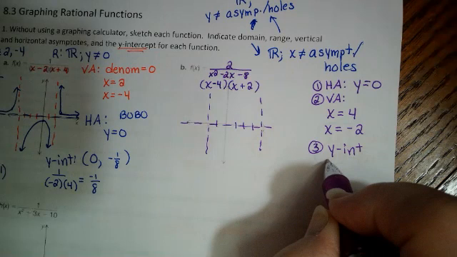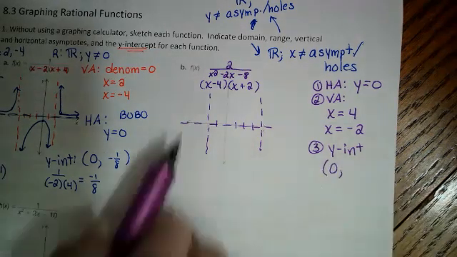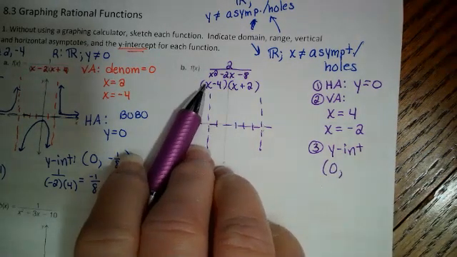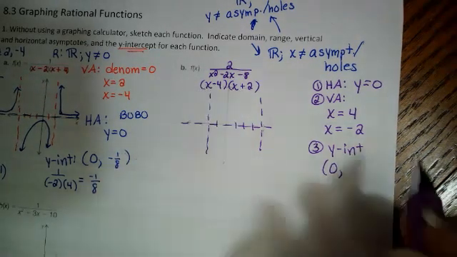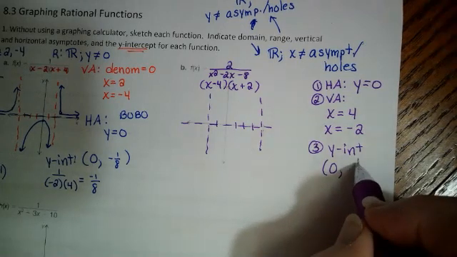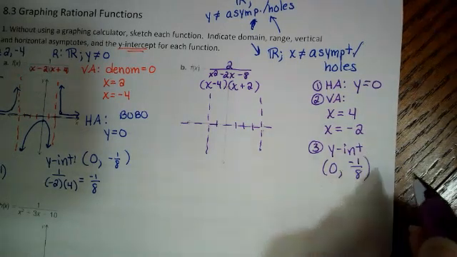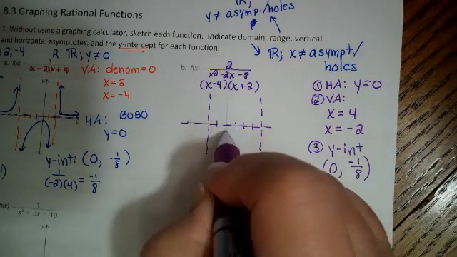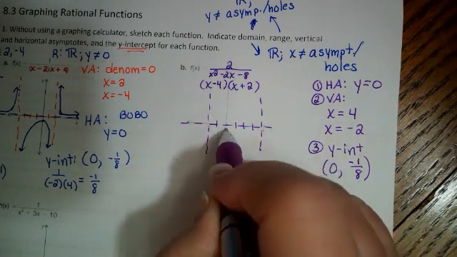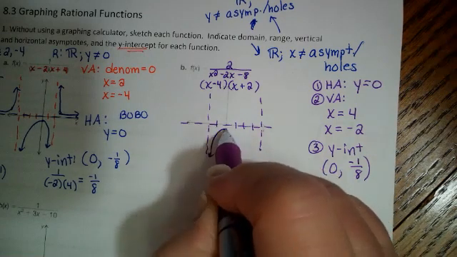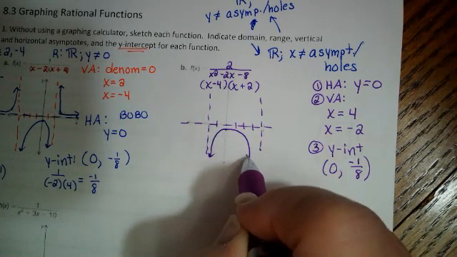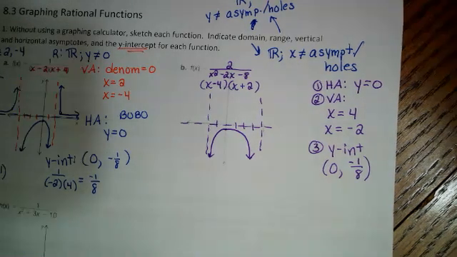To find the y-intercept, we're going to put 0 in for x. And that would be 0 minus 4 and 0 plus 2. So I think that's negative 1/8. That sounds familiar. So it's down here. So my center section goes below the x-axis.